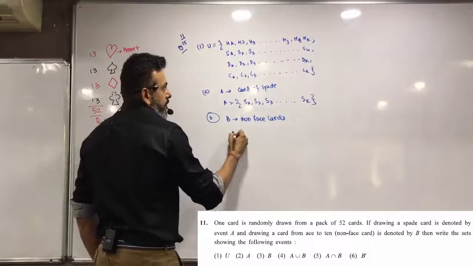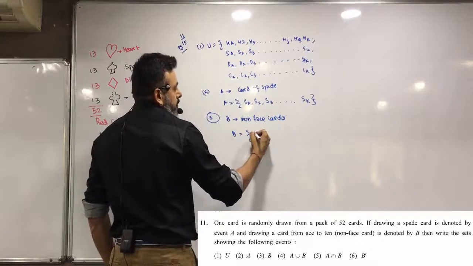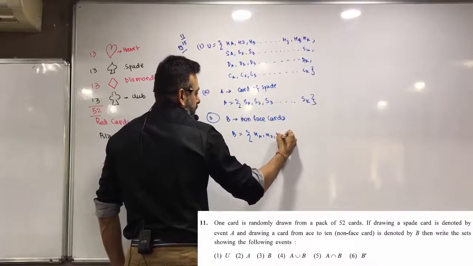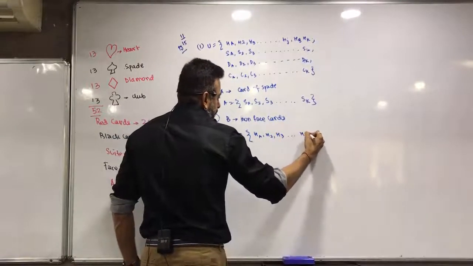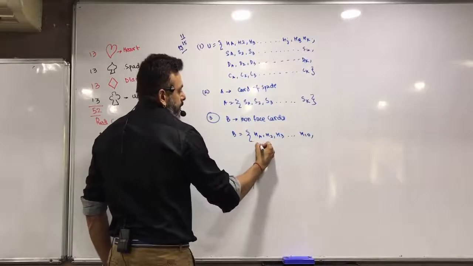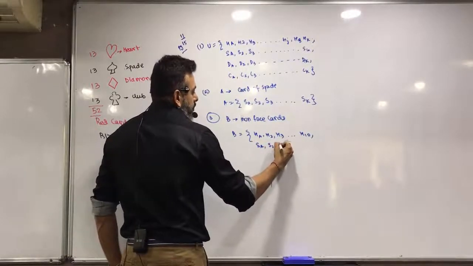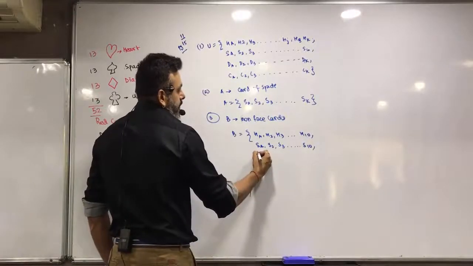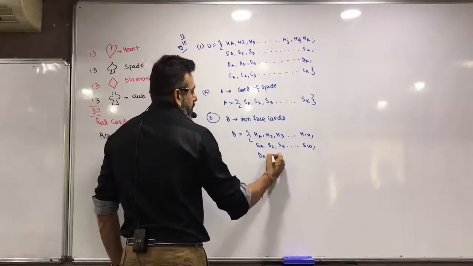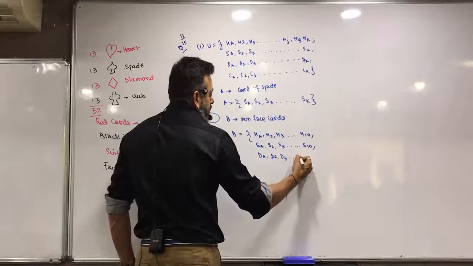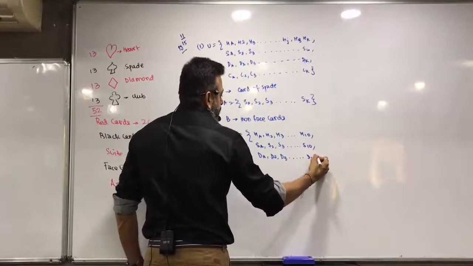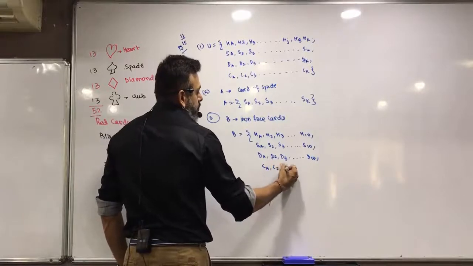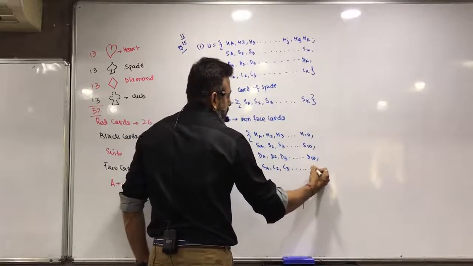So B is equal to heart A, heart 2, heart 3, up to heart 10, then spade A, spade 2, spade 3, up to spade 10, then diamond A, diamond 2, diamond 3, up to diamond 10, and then club A, club 2, club 3, up to club 10.